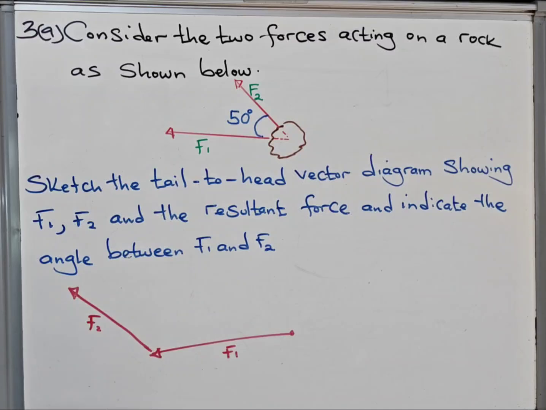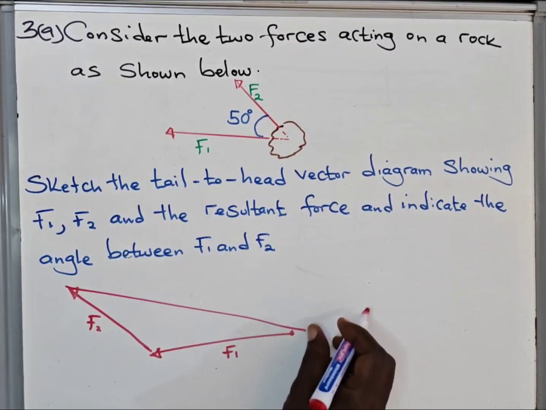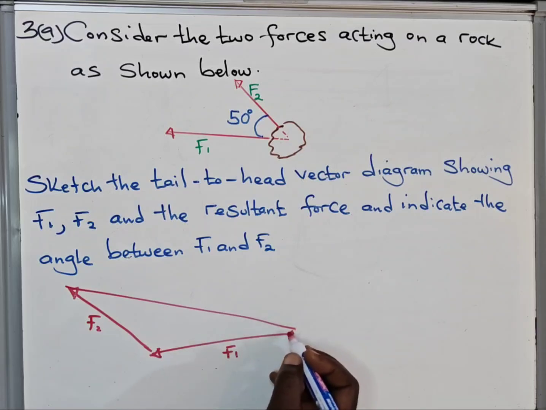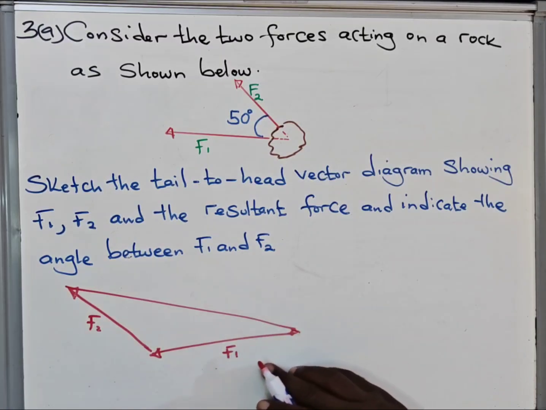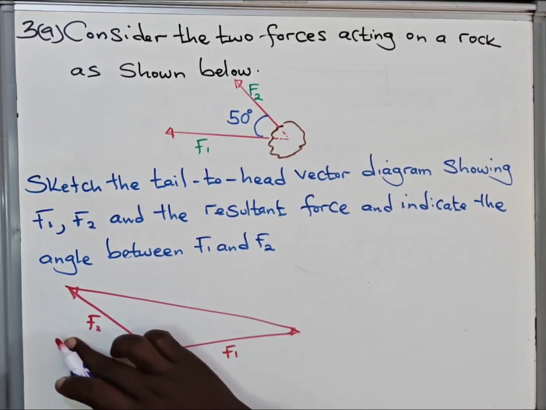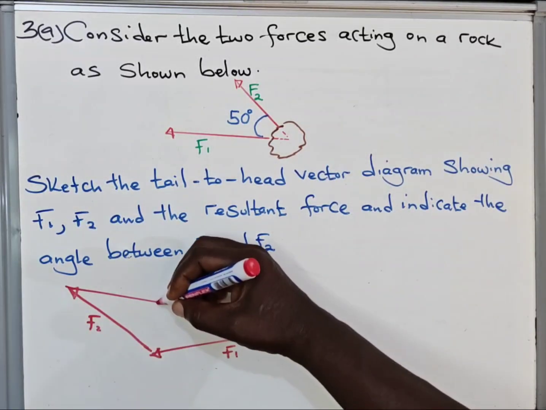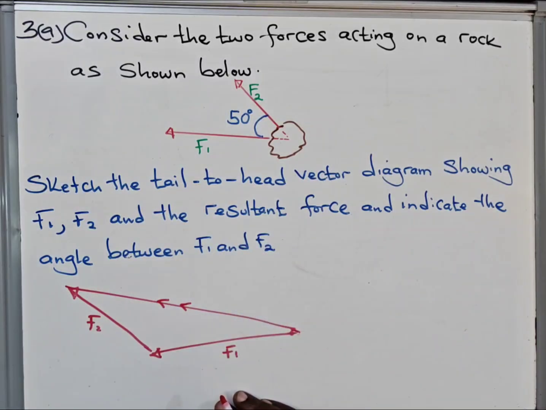So what we are going to do is to draw our resultant like that. And now we need to know the direction of the resultant. The direction of the resultant is in this direction where these two are aligned. So in other words, our resultant is that. Okay. Yeah, that is it.